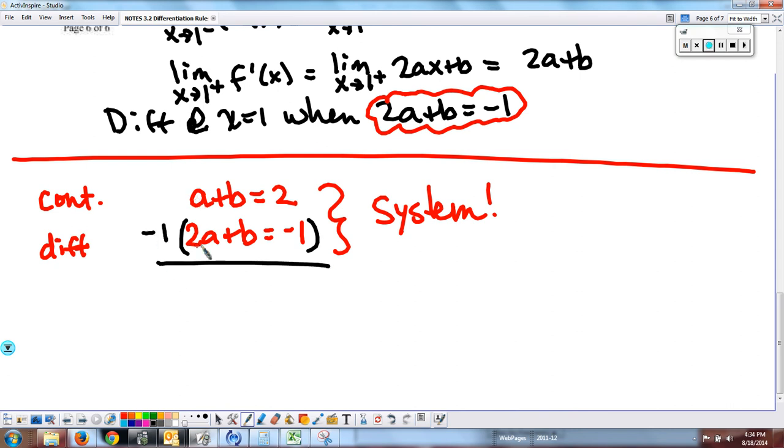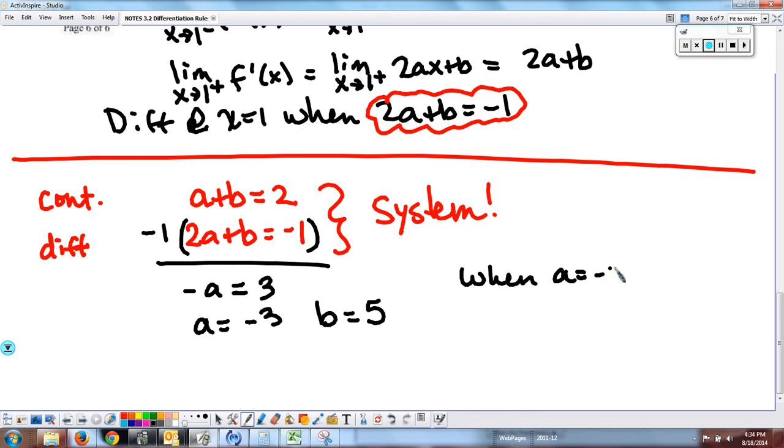So we have a minus 2a, b minus b, and 2 plus 1, which is 3. So a would be negative 3, and when a is negative 3, b would have to be 5. So when a equals negative 3 and b equals 5, f of x is differentiable everywhere.